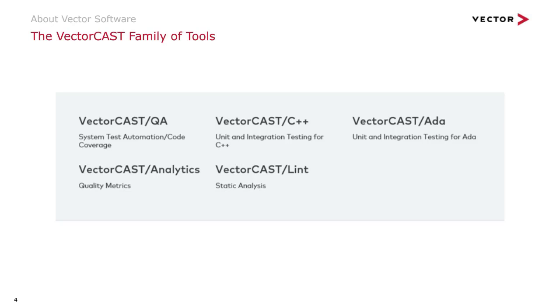And then we've integrated a static analysis tool, Lint, into our product, and that's allowing us to do some checking to make sure that the code itself is structured according to our project standards, and maybe we have some outside requirements for checking of code, such as a MISRA requirement, which is common in the automotive industry. So Lint can be used to check those rules as well. So that's the VectorCAST family of tools.